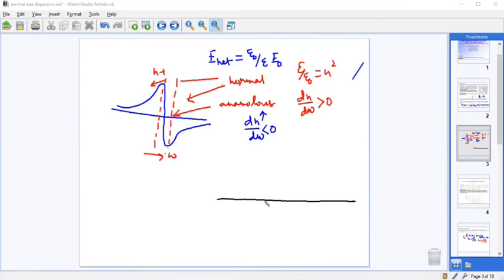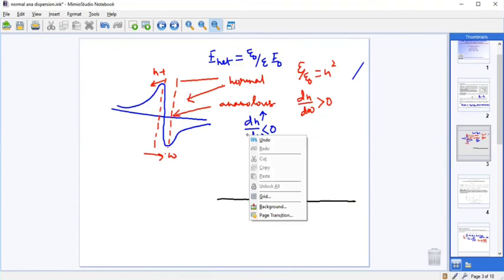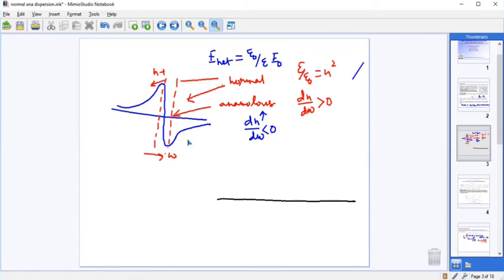This is my x-axis, which shows omega, and the y-axis shows refractive index. Then the usual curve becomes like this.